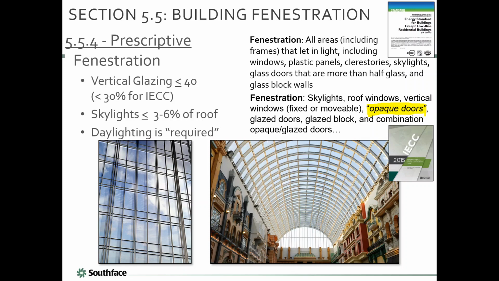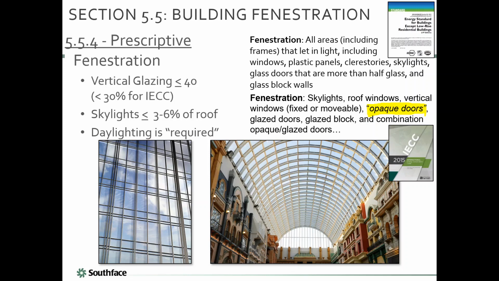You want to use just the right amount to get natural daylight, but not too many, to have a less insulated surface. The only subtle thing that's interesting is ASHRAE's definition of fenestration is basically glazing. The other code includes opaque fenestration as part of that definition. So it's a little subtle there.